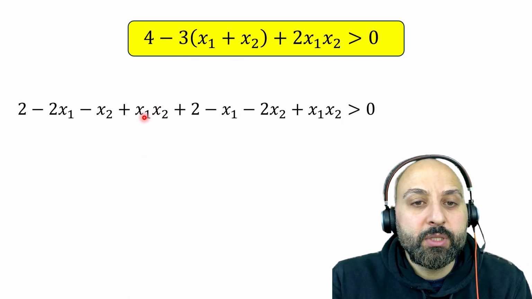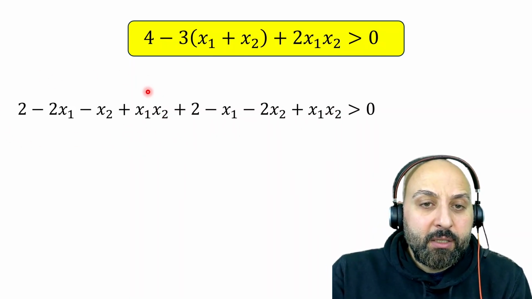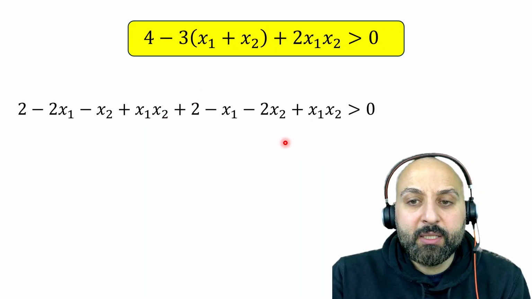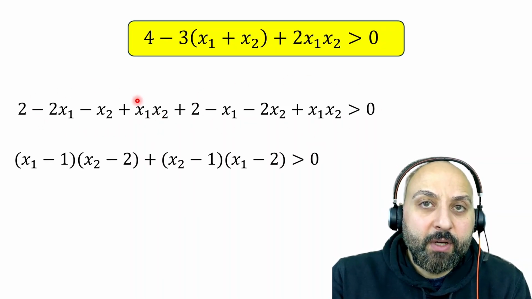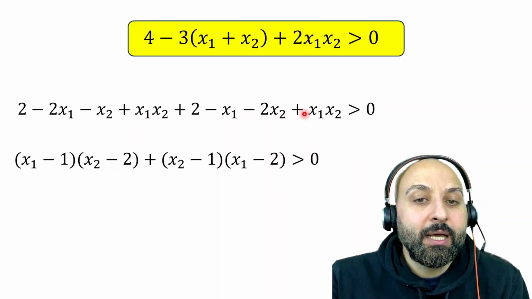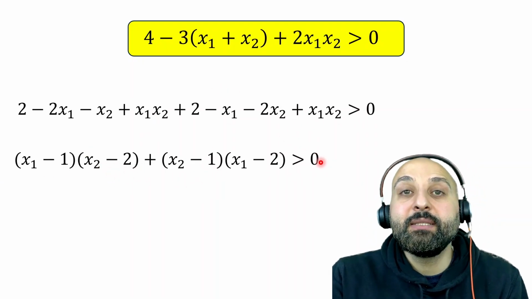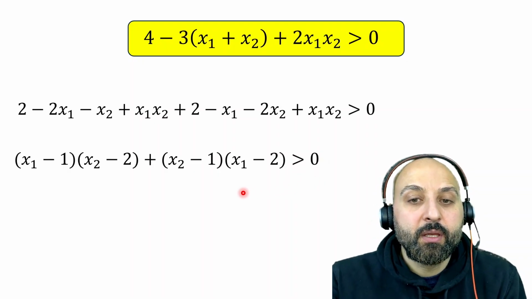And I put x1 x2 here, and again x1 x2 here. Now each of these parts can be decomposed. This one will be (x1 minus 1) times (x2 minus 2), and this one will be (x2 minus 1) times (x1 minus 2). And we know that this has to be larger than 0.